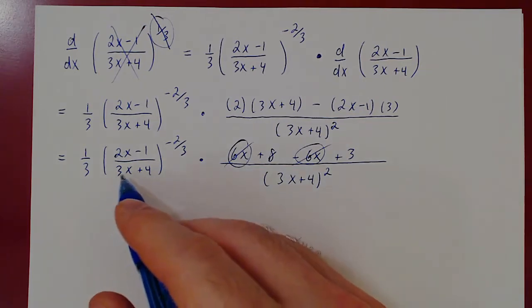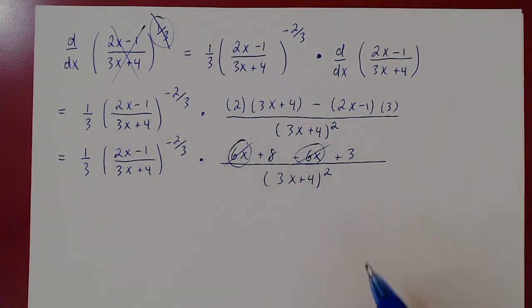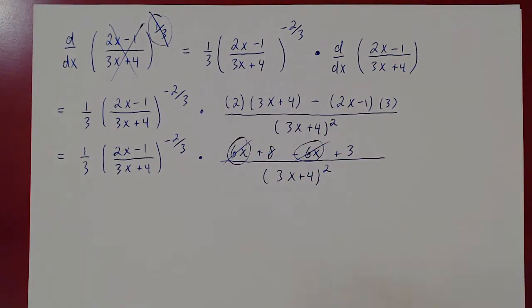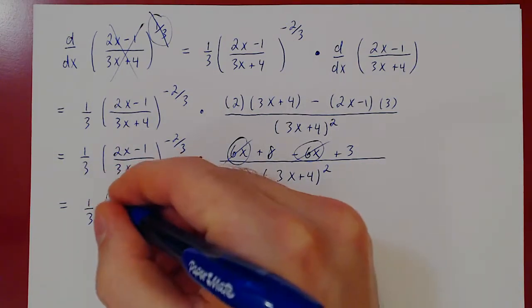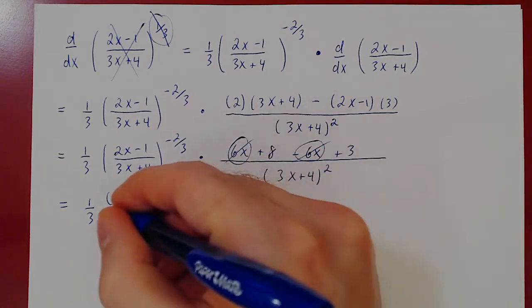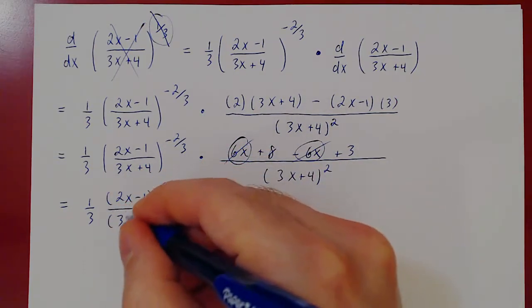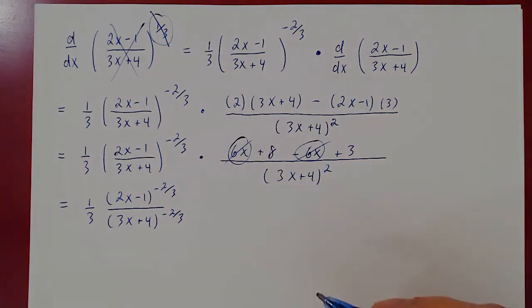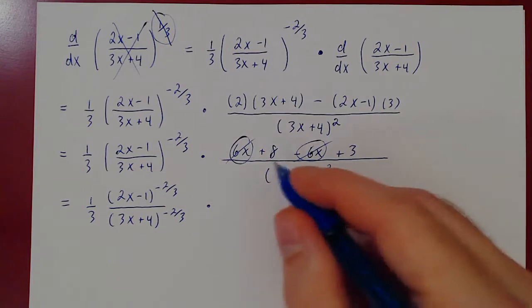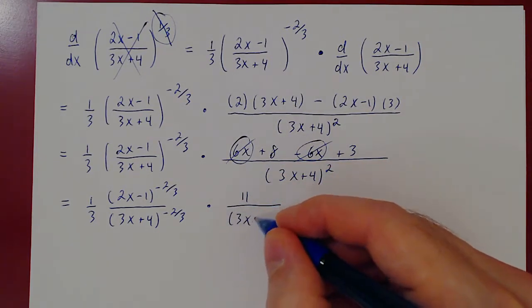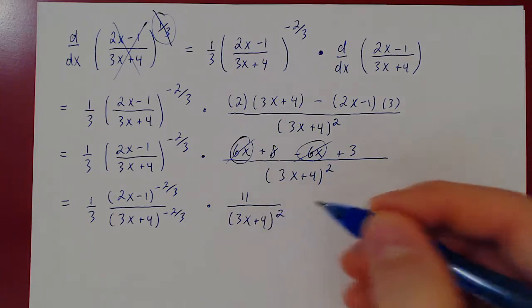And if you notice here, there's another term of 3x plus 4, and let's split those two up, and then we'll regroup similar terms. So what does that give us? Well, 1/3 (2x minus 1) to the -2/3, (3x plus 4) to the -2/3, times 11 over (3x plus 4) squared.